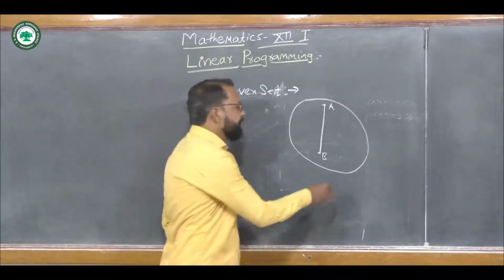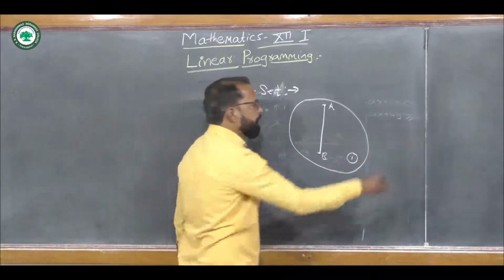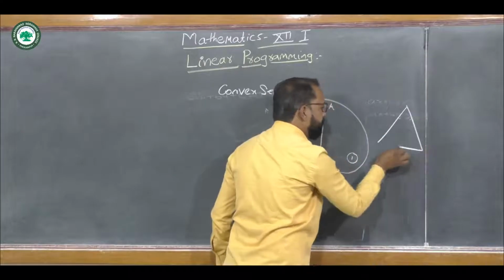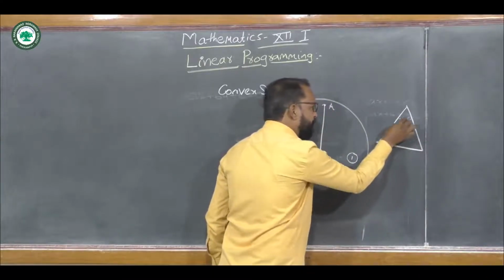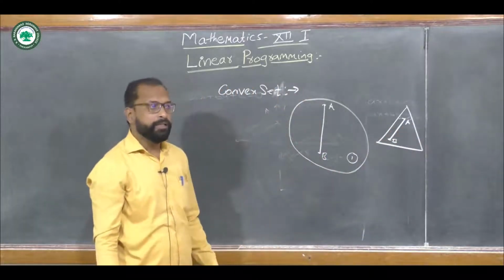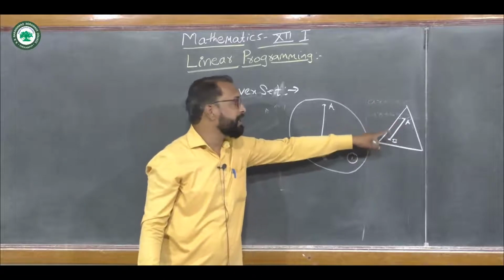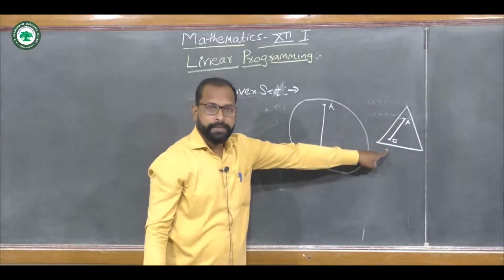For example, here this first figure is a convex set. Similarly, if you draw a triangle and join any two points of this triangle by a line segment AB, then this line segment AB wholly lies in the triangle, so it is also a convex set.